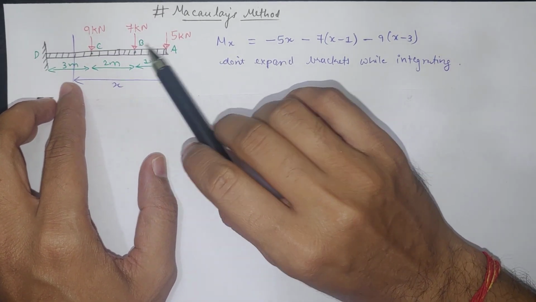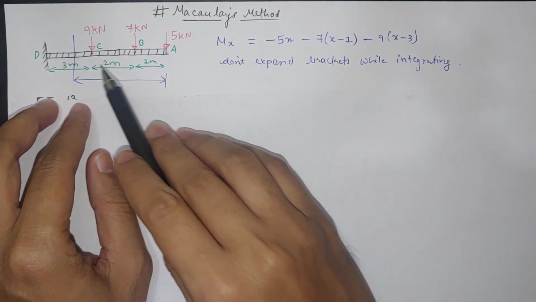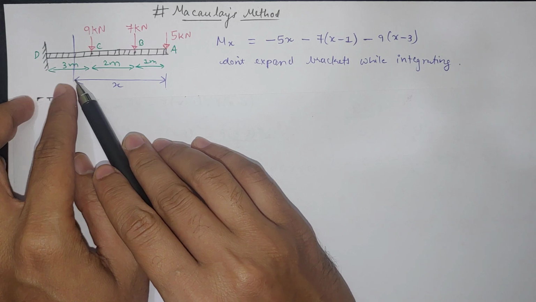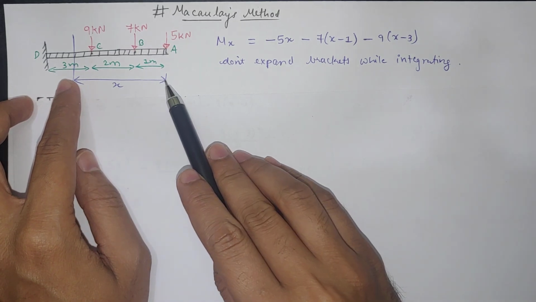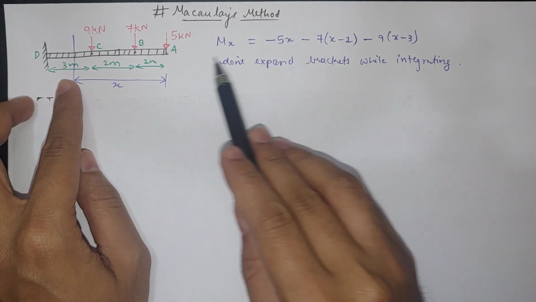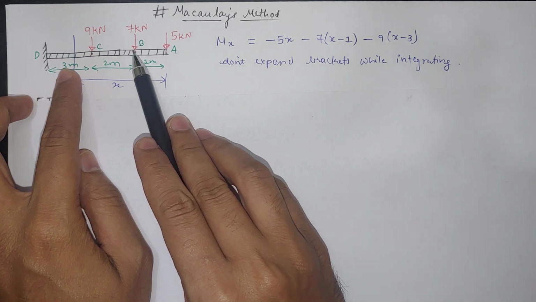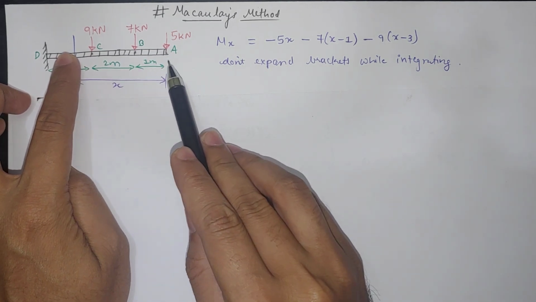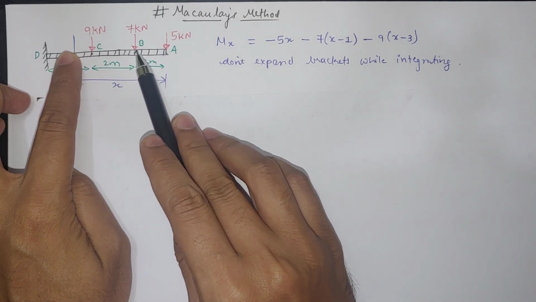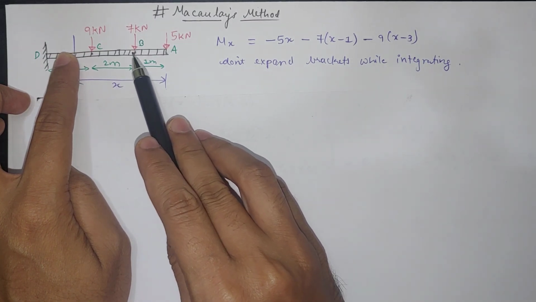variable x such that all the three forces are there in the moment equation. So if we take moment at x up to here, from this at x equal to 0, we'll get this equation minus 5x minus 7 into x minus 1. So at this location the moment due to 7 kilonewton will be 7 into this particular distance, which is x minus 1.